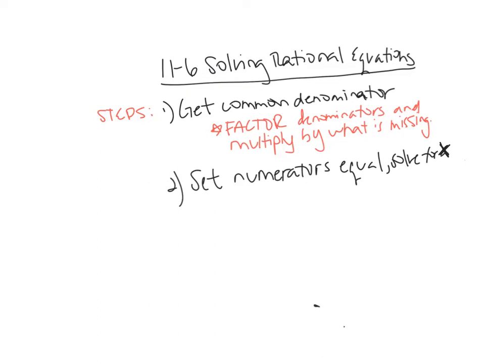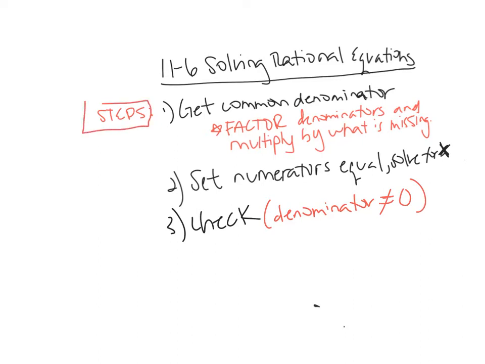And last but not least, we should always check, because just like with any fraction, our denominator can never, ever, ever be 0. So three steps. Let's put this into practice with an actual problem.